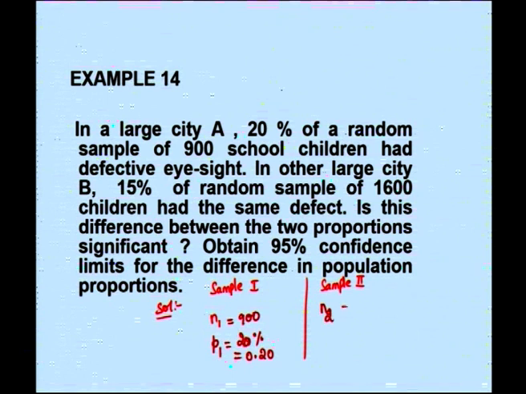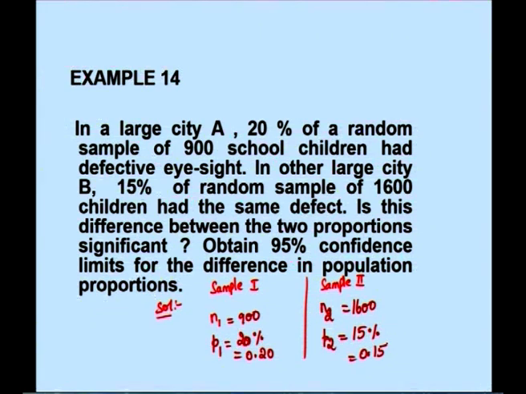Similarly, N2 is equal to 1600 children, and P2 is equal to 15%, that is 0.15, converting it to decimal form for use in problems.